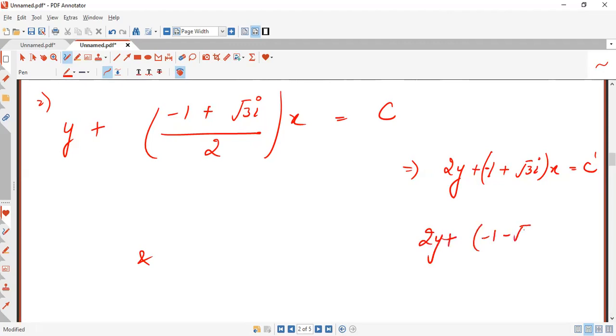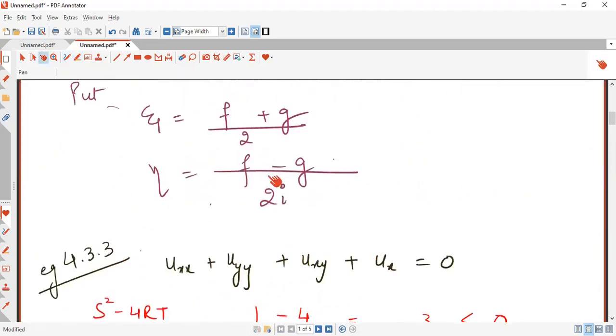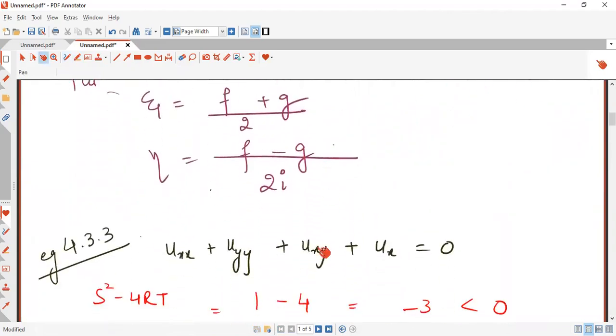It will become negative here. Correct? Now, if you say this is your complete f(x,y), this is your g(x,y). And we know to find xi and eta here, I have to take the sum of f and g upon 2, and here the difference upon 2 iota.